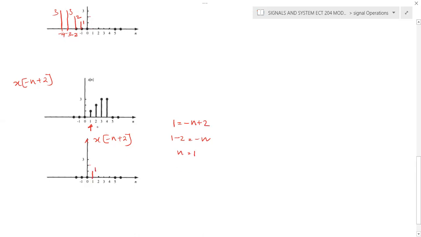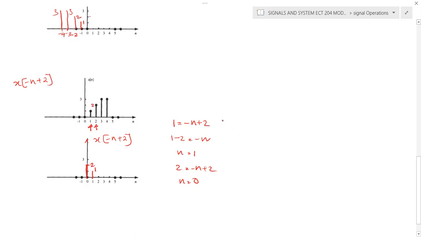Now we need to verify the value 2. So 2 becomes minus n plus 2, so n is equal to 0. The second non-zero magnitude in x of n, that 2, the signal value is 2. Now that 2 will be converted to n is equal to 0, so the index value will be 0, and it is 2.